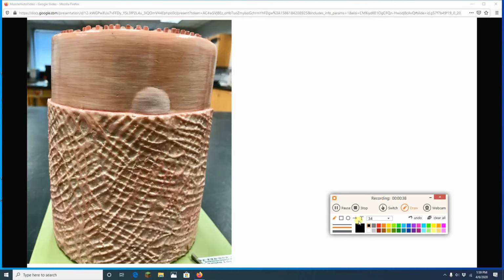One thing we can see here is this portion right here, which is the plasma membrane of the muscle fiber. The word for the plasma membrane of a muscle fiber is the sarcolemma. Sarco means flesh, lemma means covering, like meat covering.